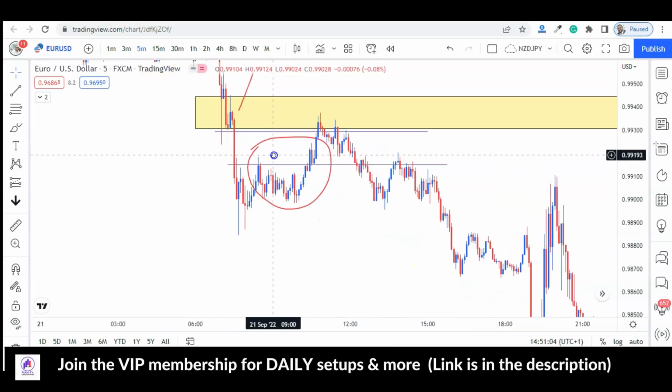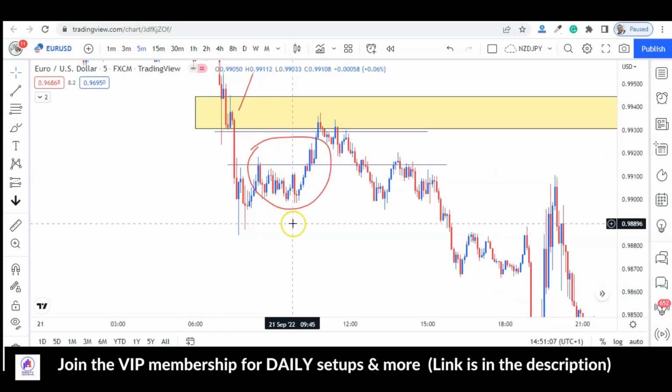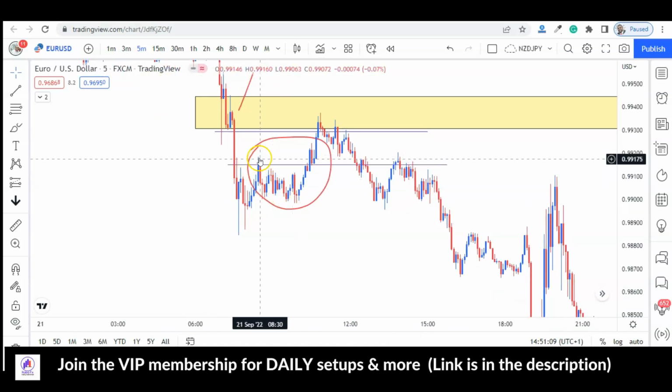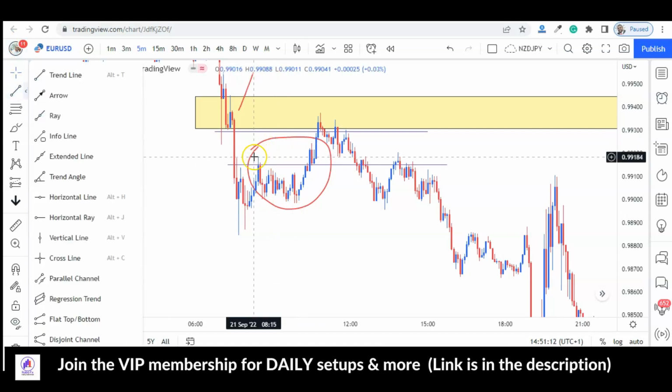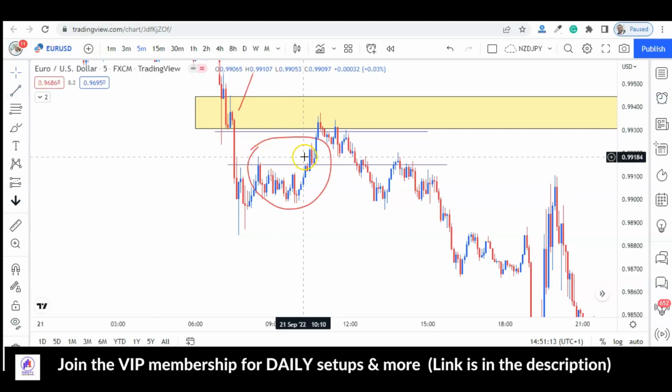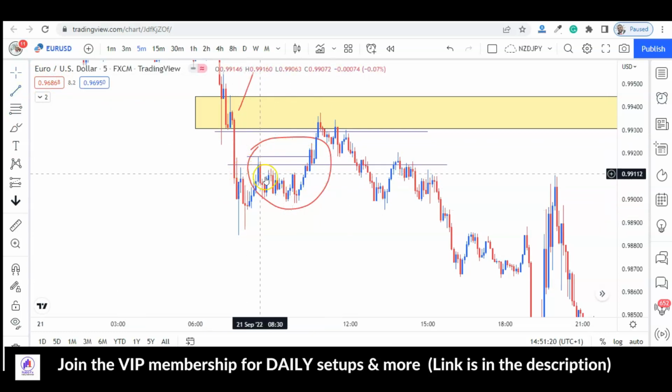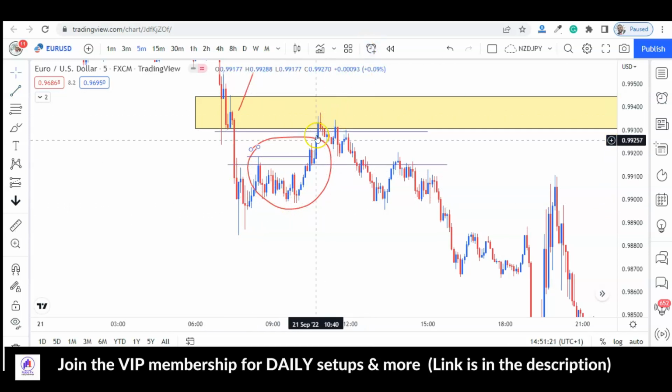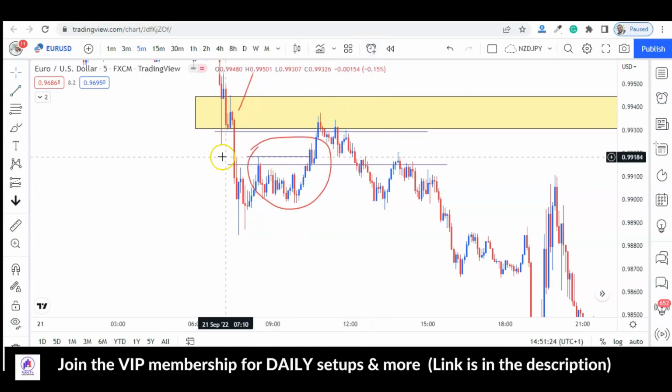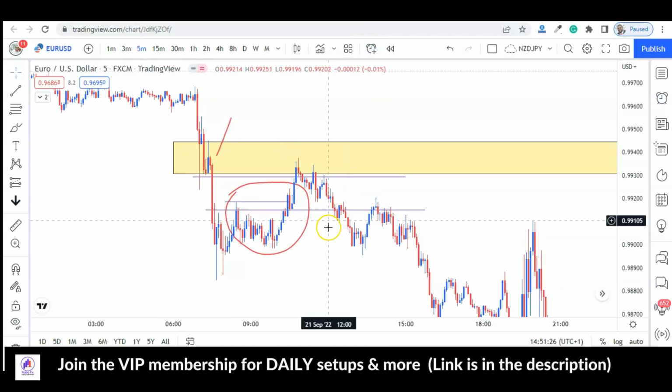Because I'm not bothered if price comes in here and started going. I'm not bothered, because one way or the other, especially this first liquidity, will be taken. The first liquidity will be taken most of the time. Okay, and then some people might take this to the bullish side. I wasn't interested in the bullish side because the trend was heavily bearish.